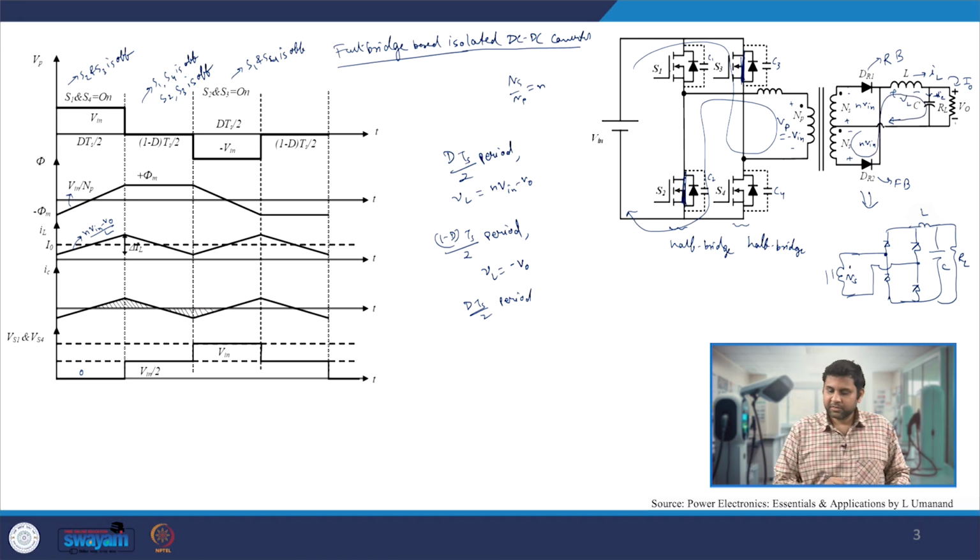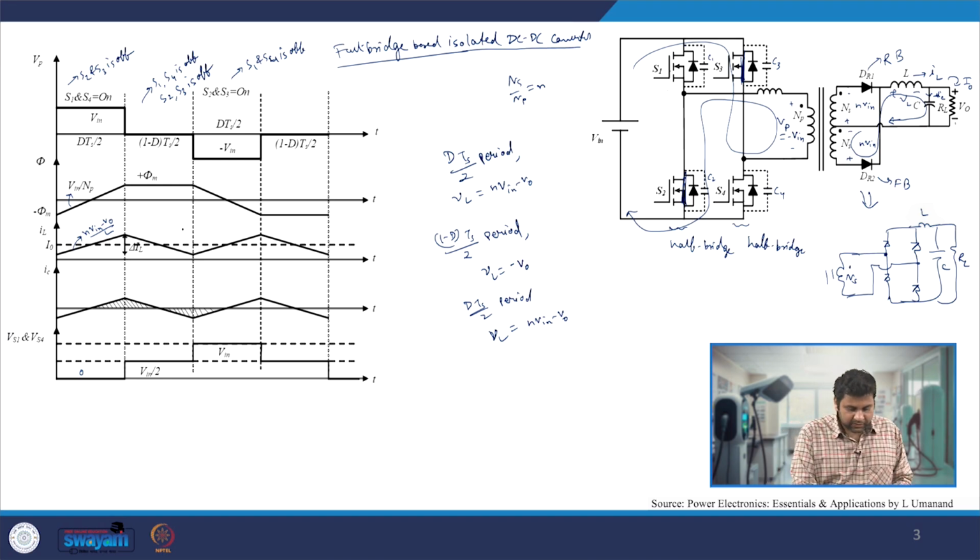And that's when the voltage applied across the inductor, if you take the KVL in this one, is minus n Vin plus VL plus Vo, so VL equals n Vin minus Vo, the voltage applied across the inductor L.